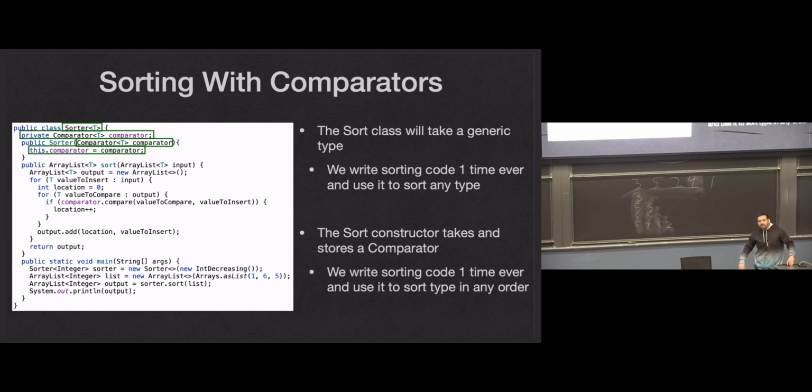Because if our goal is to write a sorting algorithm, we're sitting down and we're like, okay, if I'm going to write that sorting algorithm, what I don't want to do is ever do that again. I want to write one sorting algorithm that's going to sort anything in any order ever and then be done with it. Wrap that up, test it, ship it. That's our one sorting algorithm.